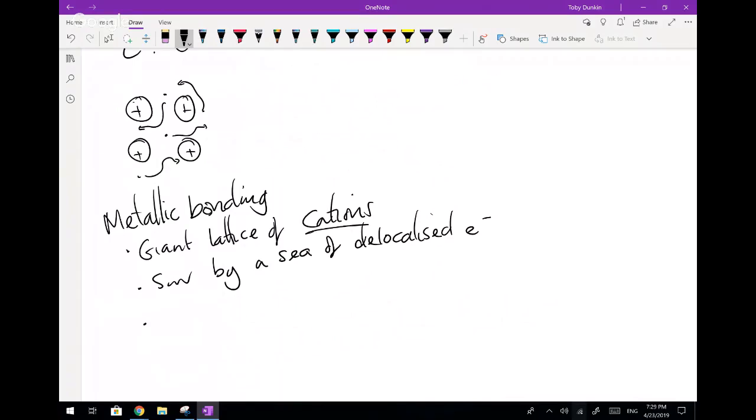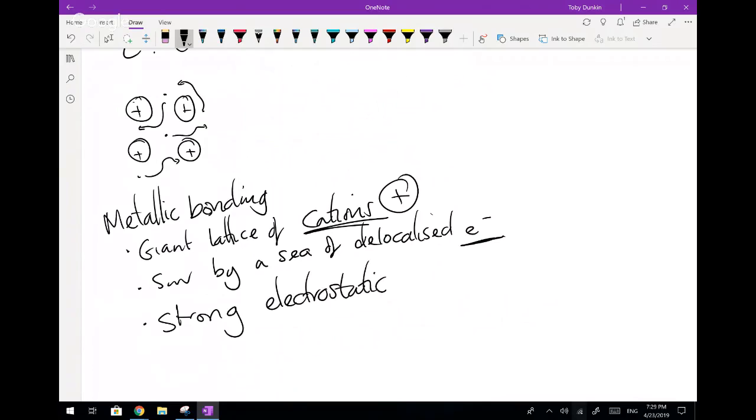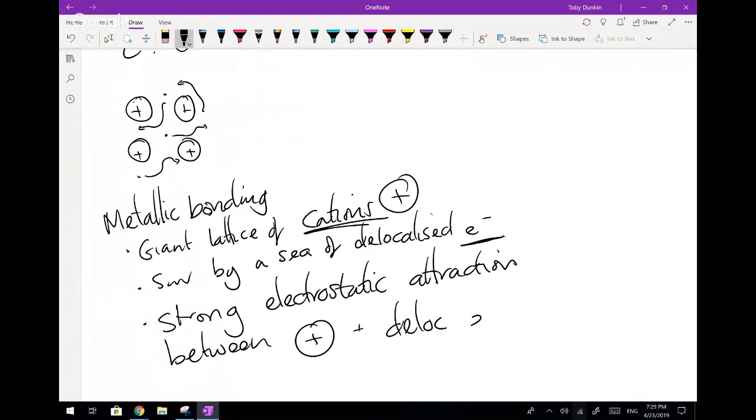And if you've got cations and you've got negative electrons, you're going to have an electrostatic force between them. So you're going to have a strong electrostatic attraction between cations and the delocalized electrons. And this makes them strong.